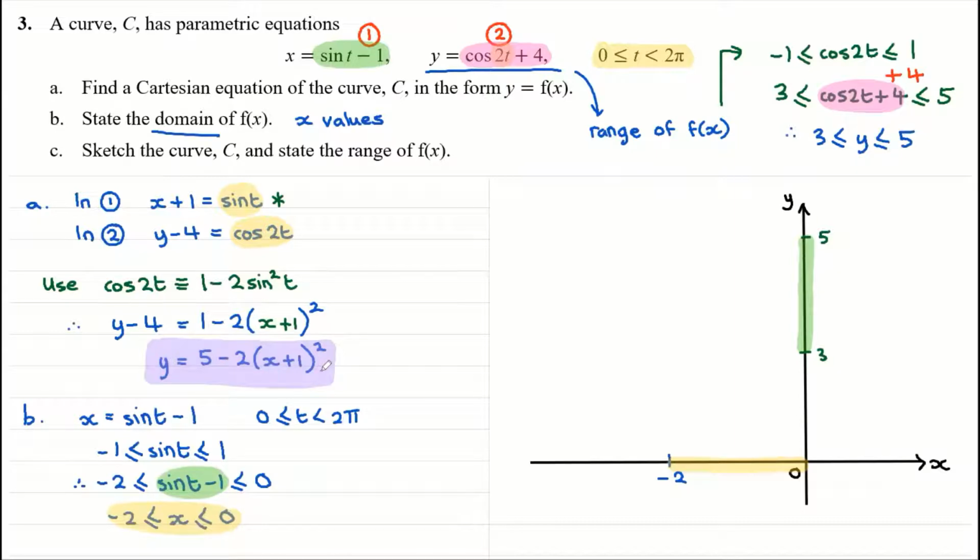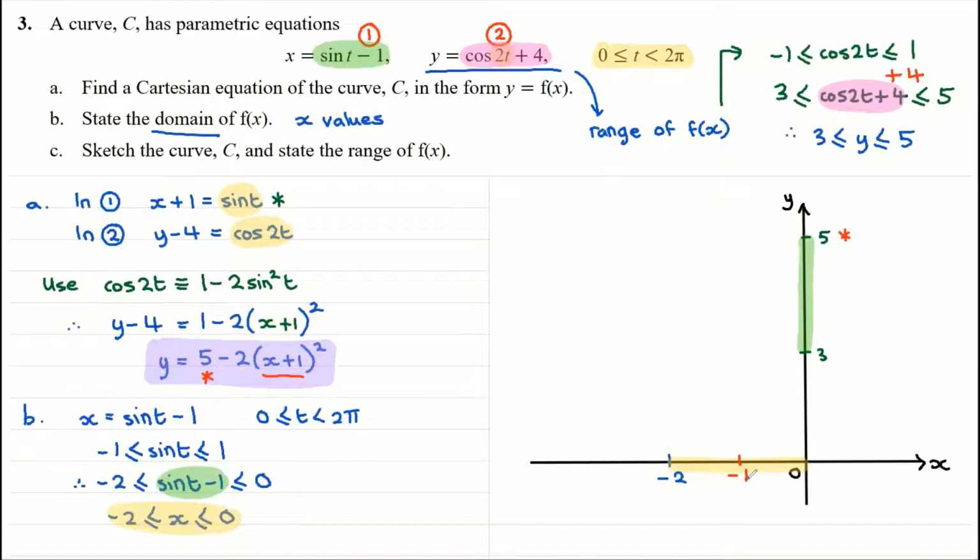The maximum is going to be at 5, because that's what the range tells us, and also this number here tells us explicitly that the maximum is 5. The mirror line, the line of symmetry: if you set x plus 1 equal to 0, that gives us a mirror line at -1, which would be right here. So we know it's symmetrical about there.